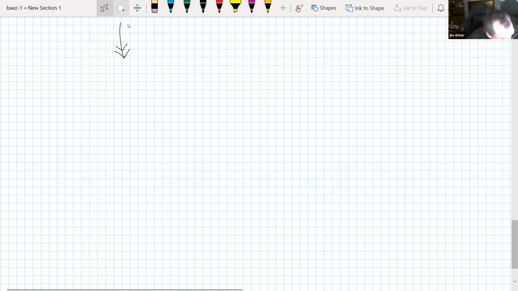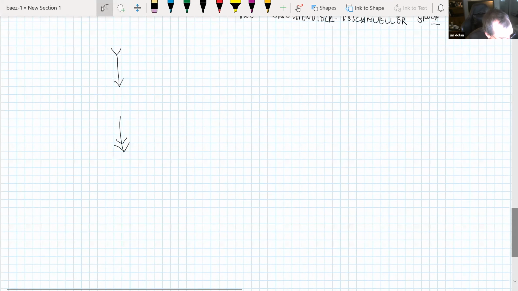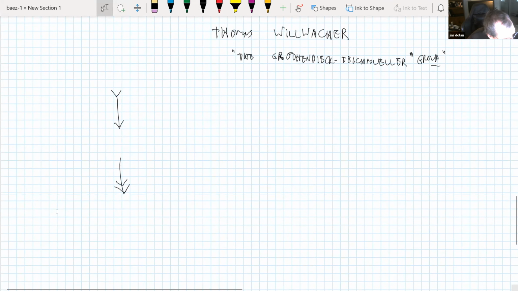At the bottom, he's got a tau fundamental group. There's probably some better notation for that, but I'll just say EFG for a tau fundamental group of, I think, the spectrum of the rational numbers.